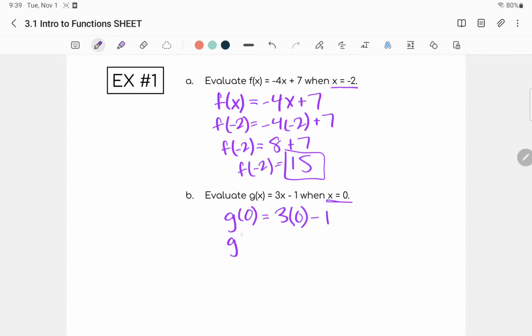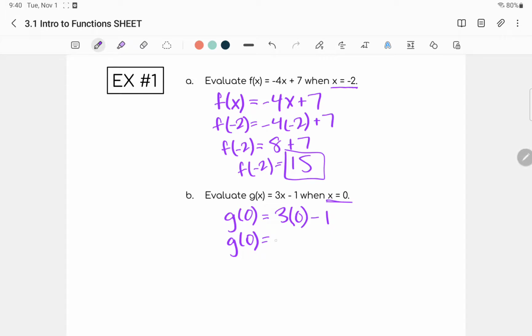So g of 0, I'm going to copy everything down. And notice how I just do one step at a time and bring everything else down. I can't stress enough that we shouldn't be skipping steps and doing things in our head. Just write everything down. It makes it so much easier.